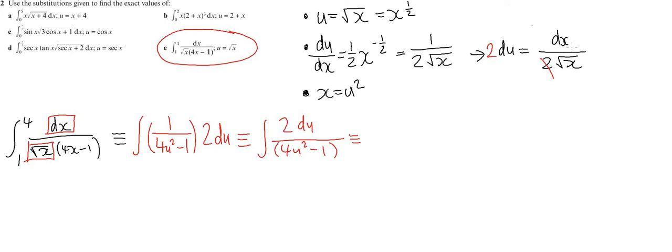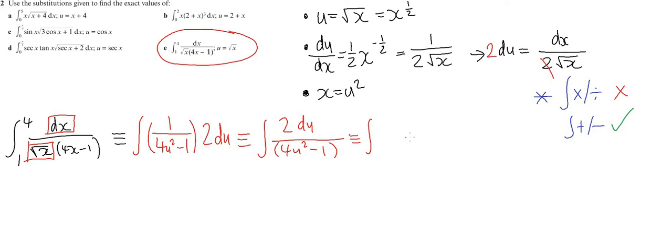Right, now, remember we said that if I have an integral of something multiplied or divided, that was hard. If I have an integral of something added or subtracted, that was better. That's what we're trying to get to. So now the problem is here I've got 2 divided by 4u squared minus 1.